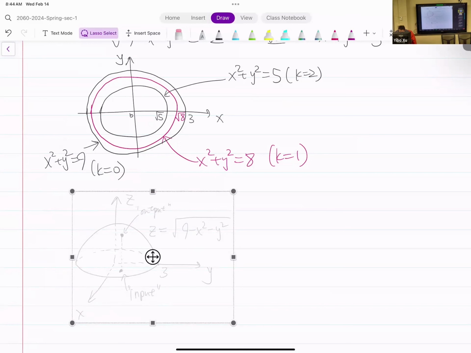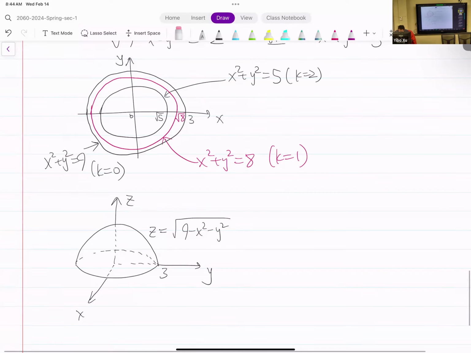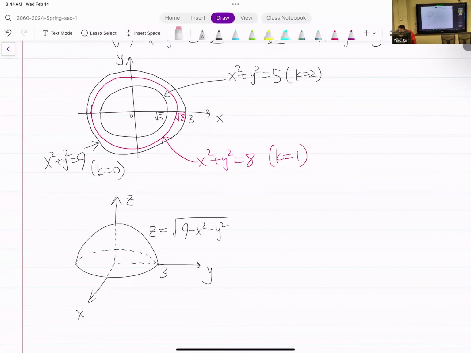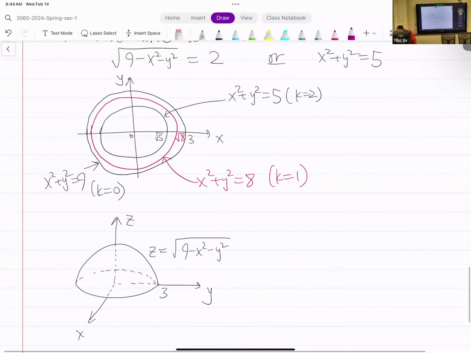Now I don't really need the red part. So let's think about this. We have level 2, level 1, level 0, right? The largest output we learned is 3, right?